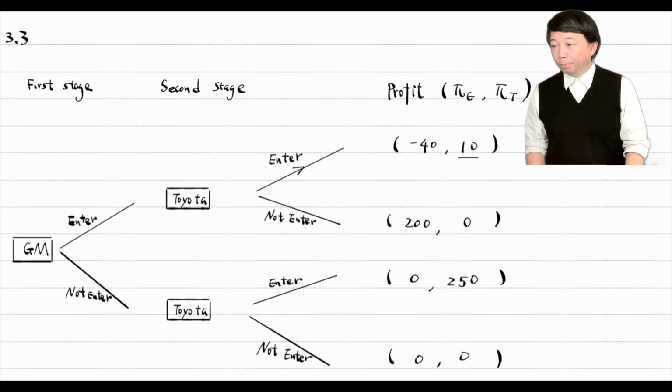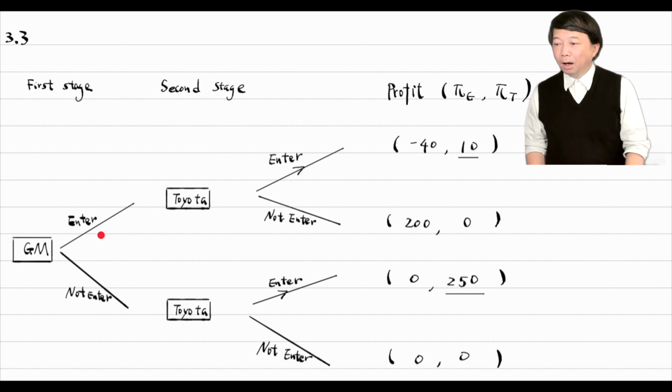Given that GM chooses not to enter the market, Toyota's best response is to enter the market because it gives a higher profit. We underline its profit 250 and add an arrow on the path. We find that Toyota's strategy is that it enters the market no matter what GM chooses.